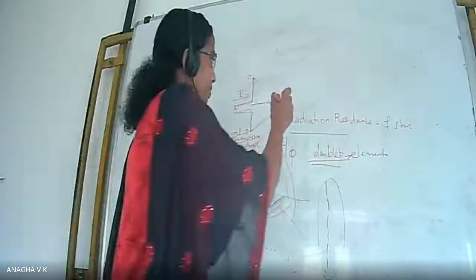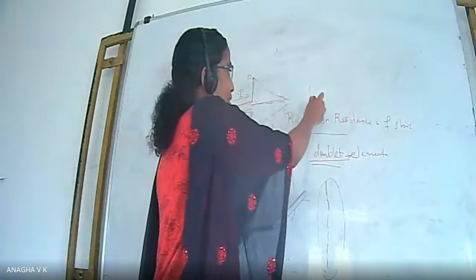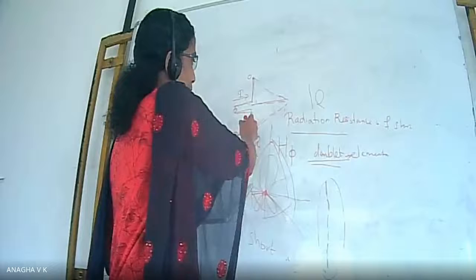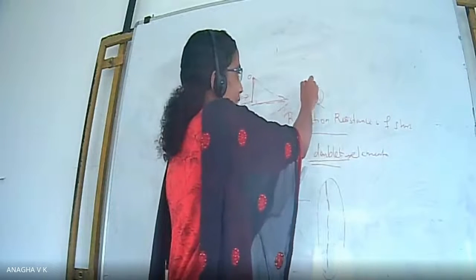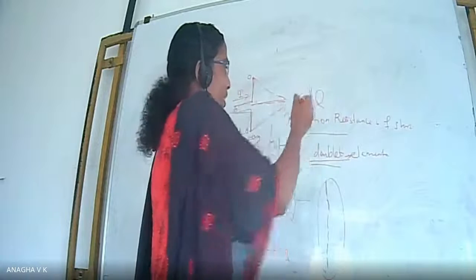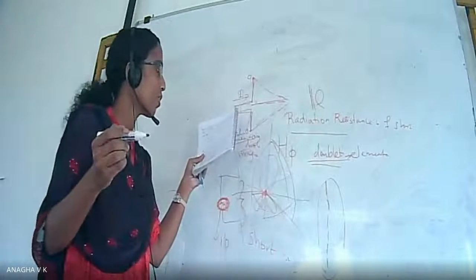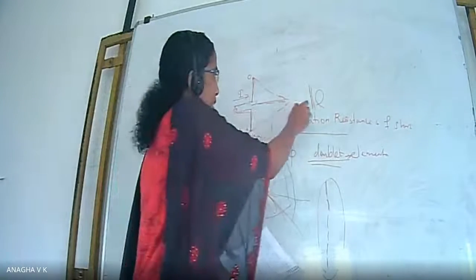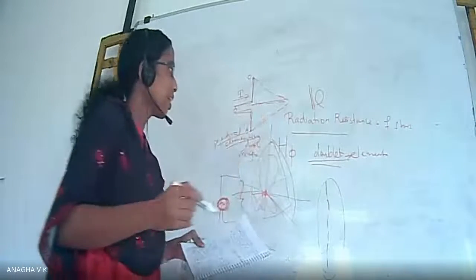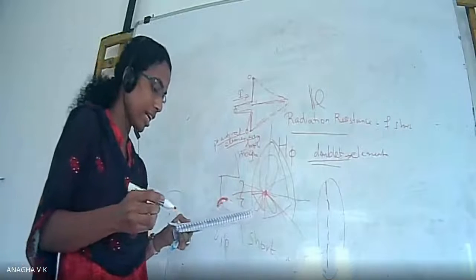So we are considering a current element of the same length as this dipole. This is the short dipole. We are considering a current element, not so thin and not so short.